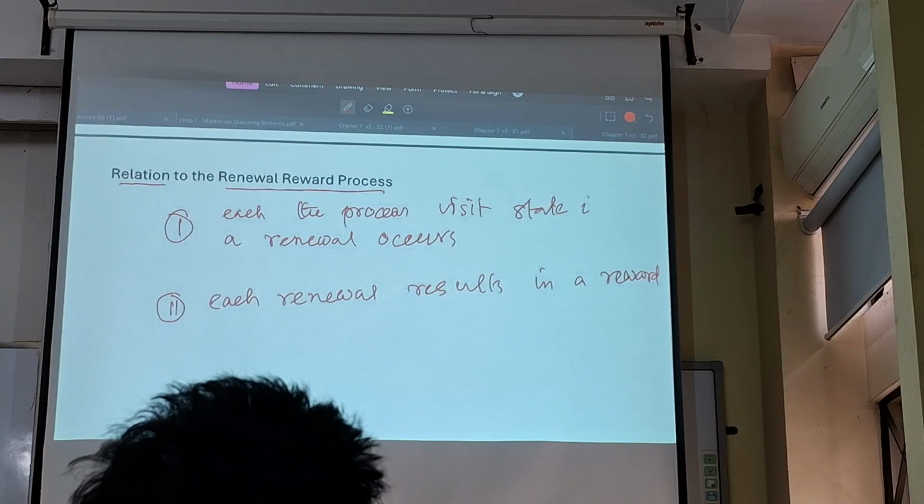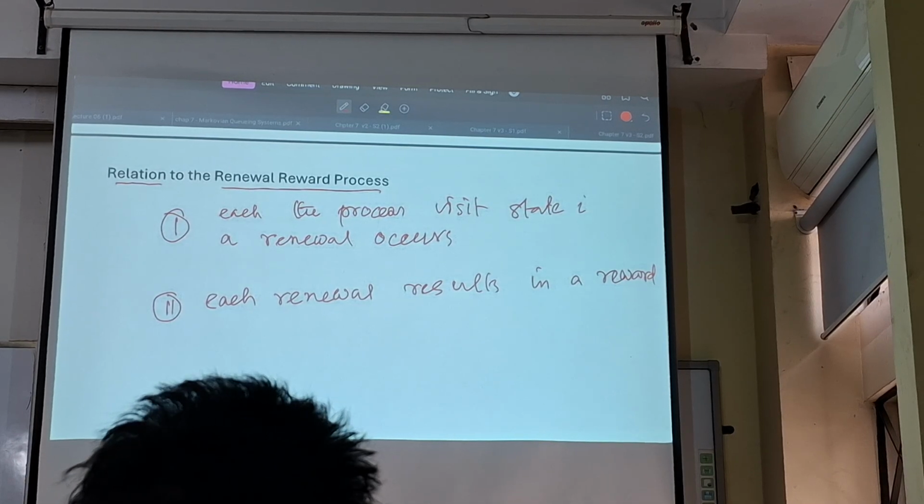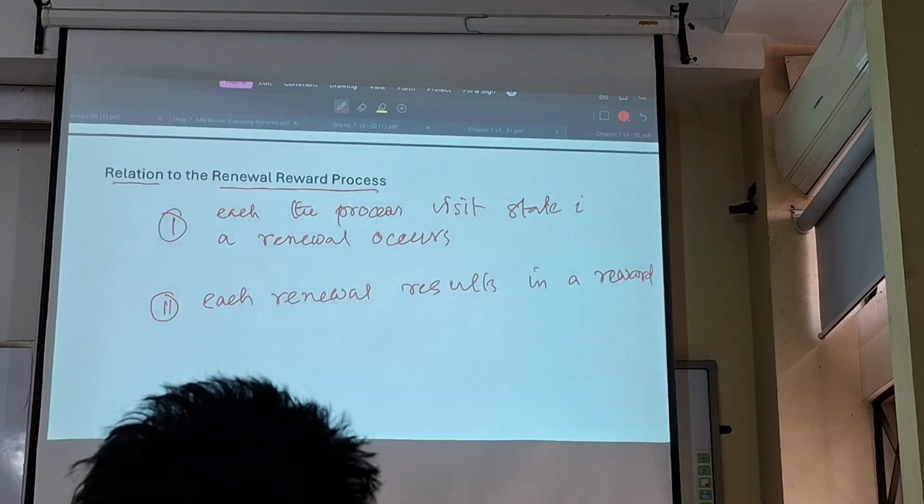Previously, we considered the reward to be money, right? For example, in the case of a light bulb, we had the example where cost is the reward.